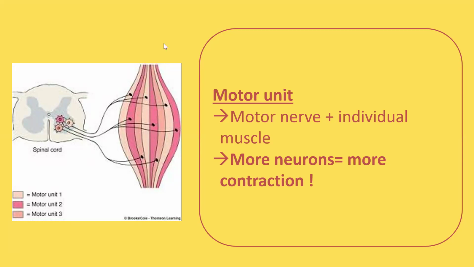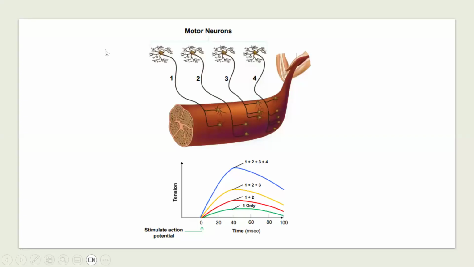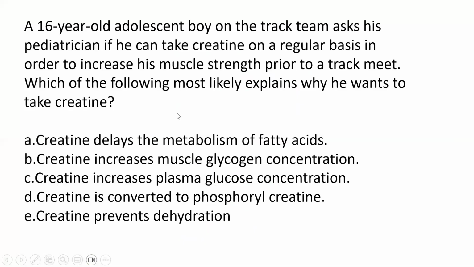Because there's a recruitment of neurons to this specific muscle, a lot of neurons supplying one set of muscle. Again, this is just what I just said in a graph and in a diagram. The more neurons being recruited to a muscle, the more force it can generate. Okay, now for questions, and then we can take a 10-minute break.